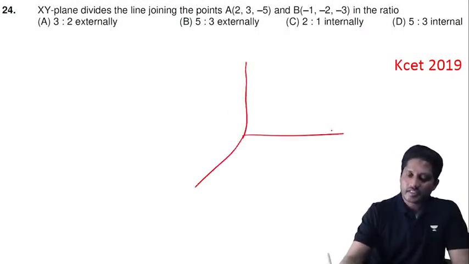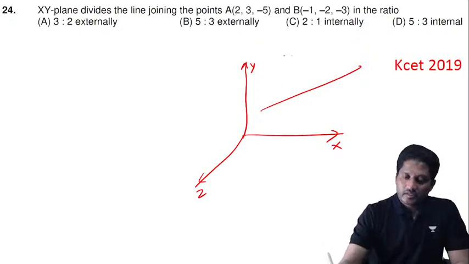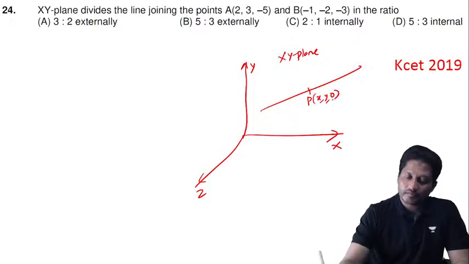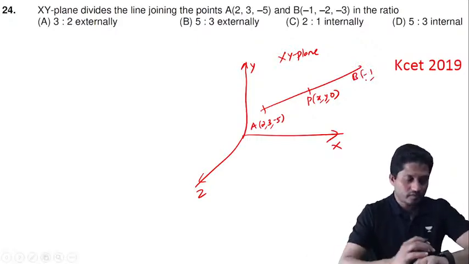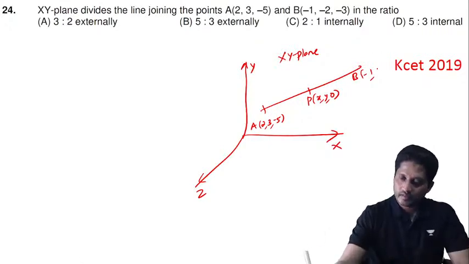Now listen, this is the x-axis, this is the y-axis and the z-axis, right? This is the xy plane. Every point in the xy plane has z equal to 0. That's why I'm going to take the point as x comma y comma 0. I am supposed to find the ratio in which this is dividing the points 2, 3, minus 5 and minus 1, minus 2, minus 3.